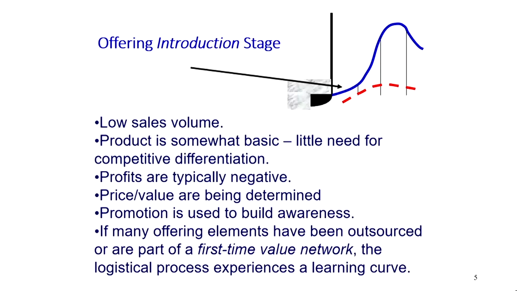And so this outsourced value network will be in the process of getting built or finalized. There may still be some kinks in that network. So, the logistical process is kind of an emerging learning curve at this stage. These are the characteristics of the introduction stage.